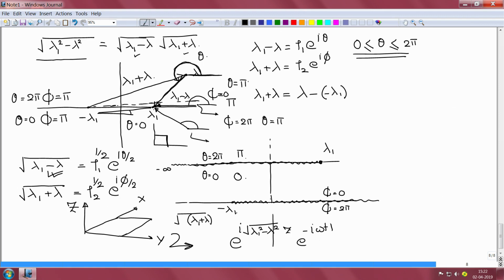This is a temporal phasor. It says we are driving the system at a single frequency. And this is the spatial phasor.